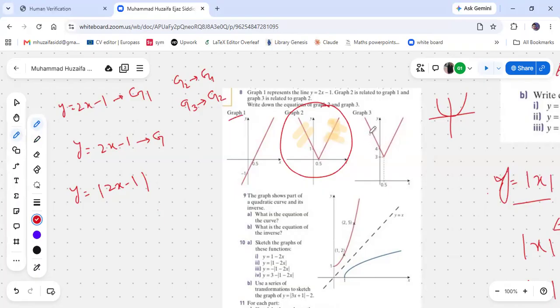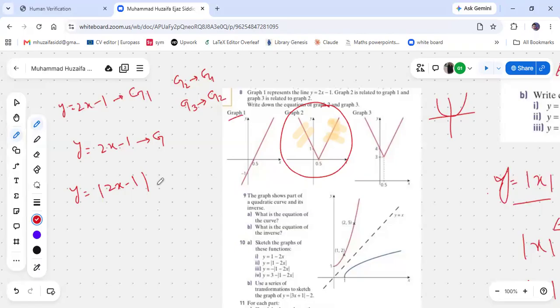Look at here. First of all, its graphical appearance represents a V shape, and this is the absolute function. But what is its graphical equation? It has to be something minus 4.